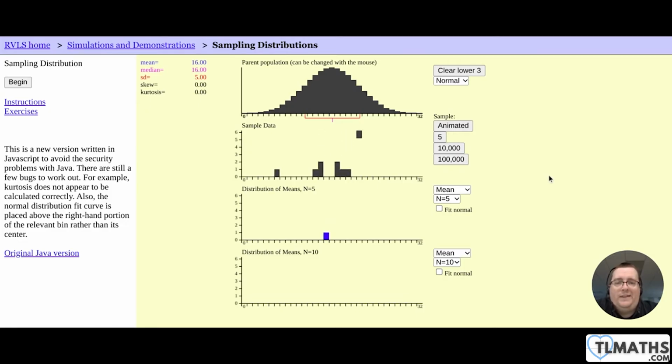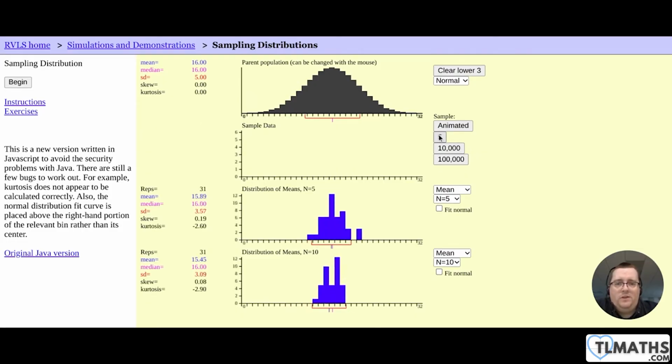The second one is going to take samples of 10 and plot the means. Each time, the top graph is taking samples of size 5 and plotting the mean, and the bottom graph is taking samples of size 10 and plotting the mean. Let's do it a few thousand times, shall we? Let's add on a few 100,000s.